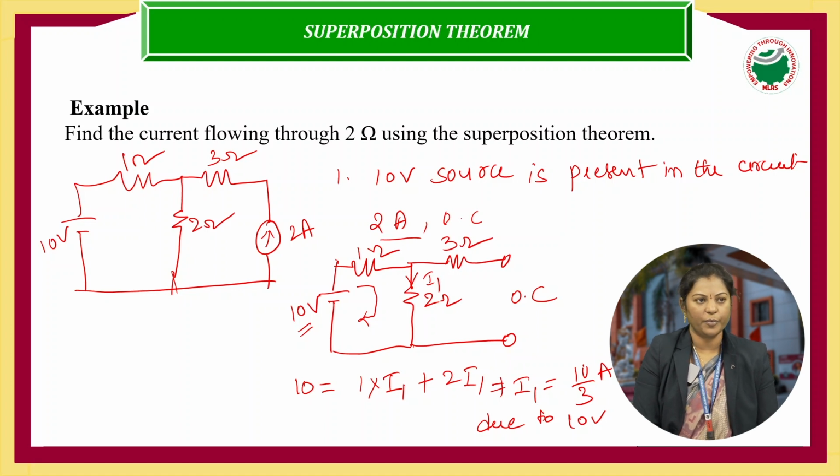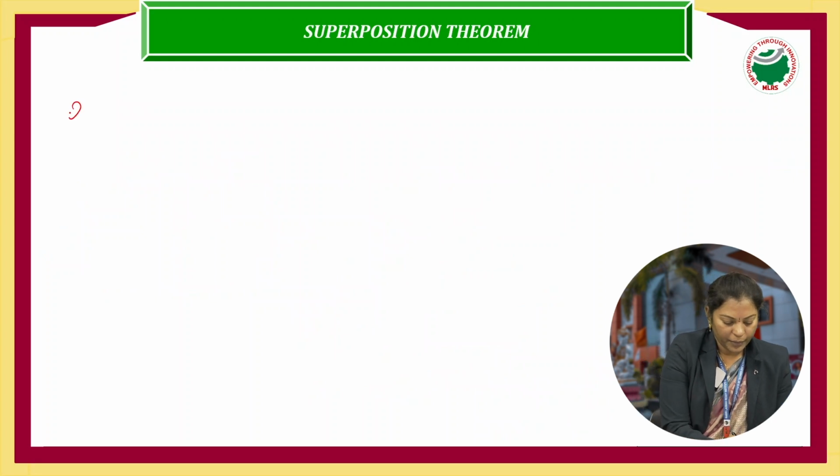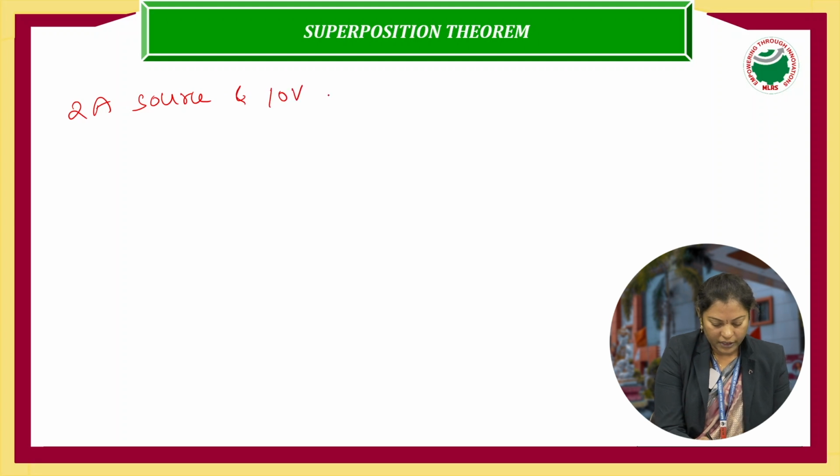As per the statement above, we consider only one source at a time and the other source inoperative. So now I am considering the 2 ampere source present and the 10 volt voltage source short circuited.